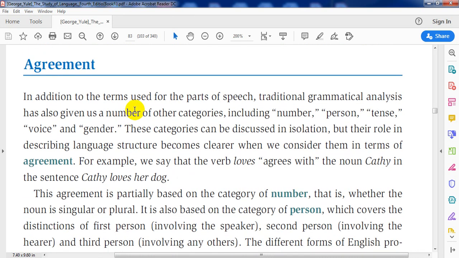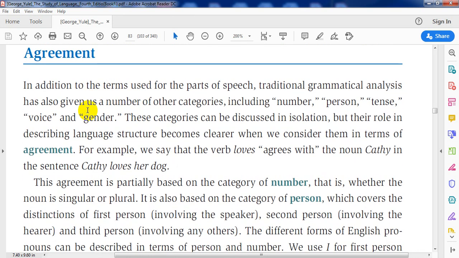And we have certain items of agreement within the English sentence. We have agreement in number, agreement in person, agreement in tense, agreement in voice, as well as agreement in gender.